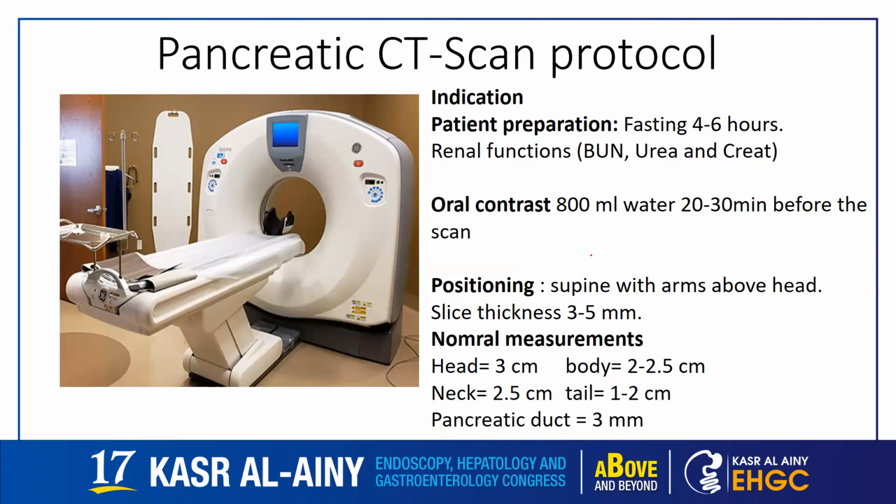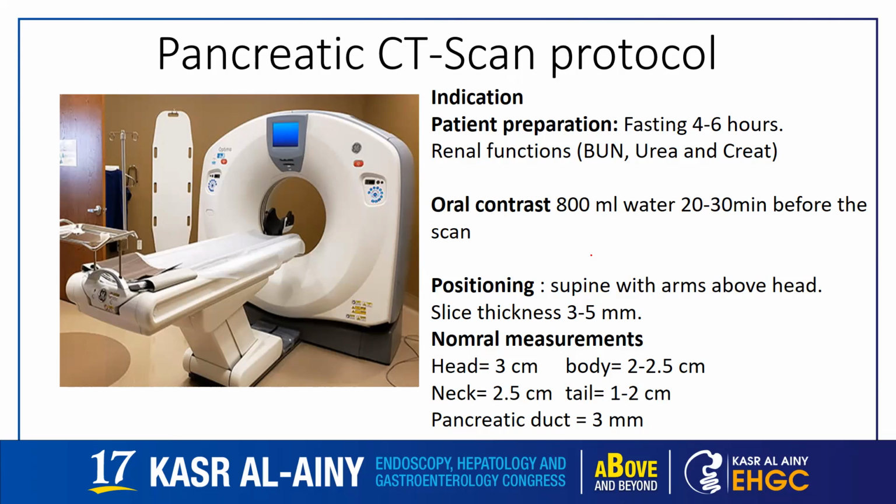Pancreatic CT protocols are commonly used for evaluation of pancreatic trauma, grading of trauma, scanning for neoplasm, grading of neoplasm, and additionally for inflammatory conditions and for their follow-up. Patient preparation is fasting for 4 to 6 hours and evaluation of the renal functions.